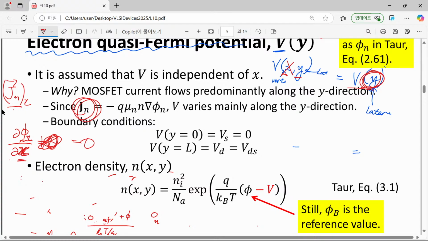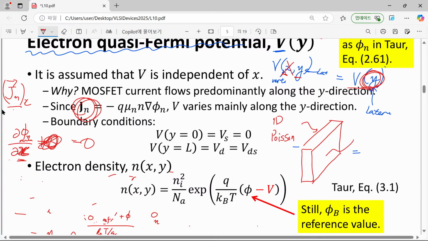So now, by adopting the gradual channel approximation and also this slab-wise electron quasi-Fermi potential, for each slab of our transistor we can just solve this 1D Poisson equation. It is enough to consider our system.